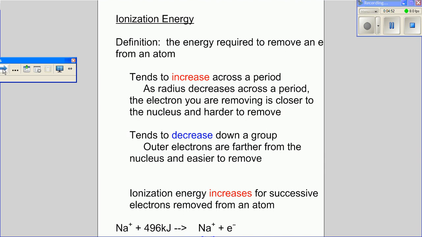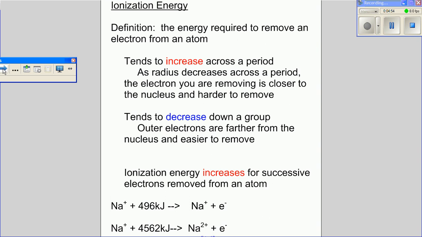Now, if I try to pull a second electron away from the sodium atom, then I'm going to need more energy. As you can see from the chemical equation here, it shows to remove that first electron, this is what we need. To go after a second one, to give it a positive 2 charge, it takes quite a bit more.